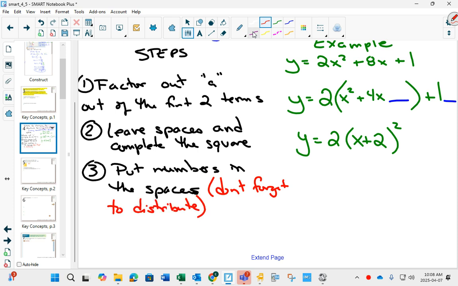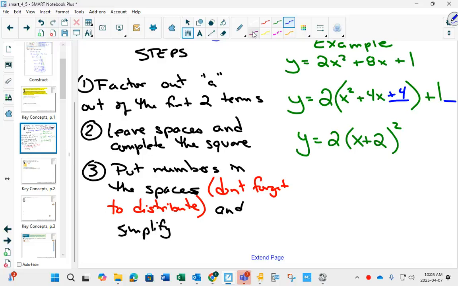We'll see that in the example. And simplify. So we need to add numbers into our spaces. I've completed the square. I know that it's x plus 2 squared, which means this has to be a plus 4. But you're not just allowed to add 4 to one side of an equation. That doesn't make it equal anymore.